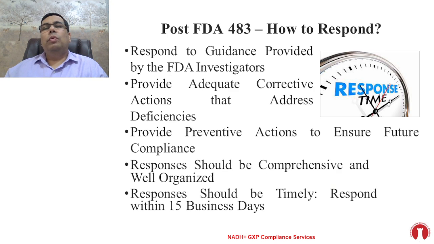The next point is post FDA 483. Now I got the 483 observation. How to respond? A very important thing is that in the 483 observation, many people only focus on the identified observations or non-conformity.